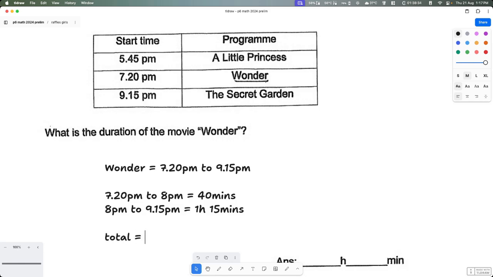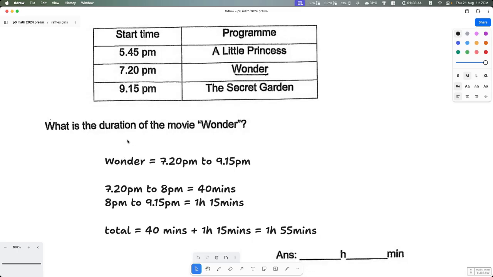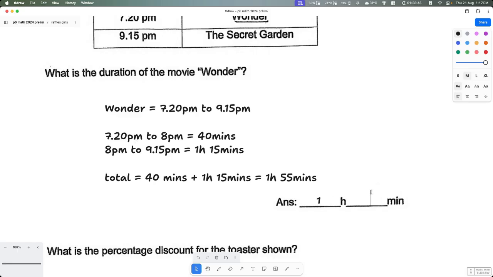So total is equal to 40 minutes plus 1 hour 15 minutes, equal to 1 hour 55 minutes. There you go. That's the answer. So this is 1 hour and this is 55 minutes. Let's move on to the next question.